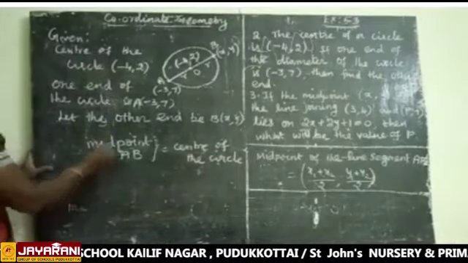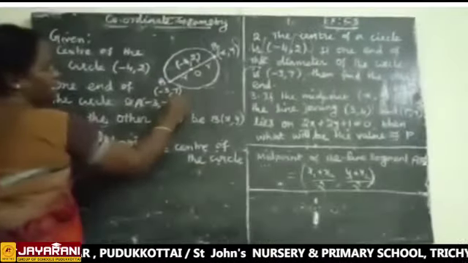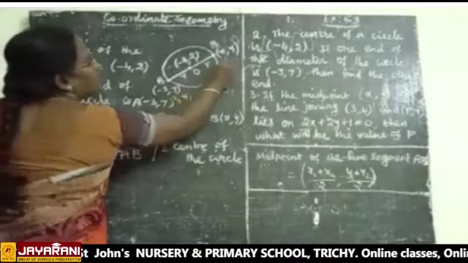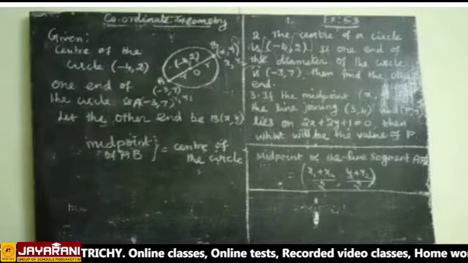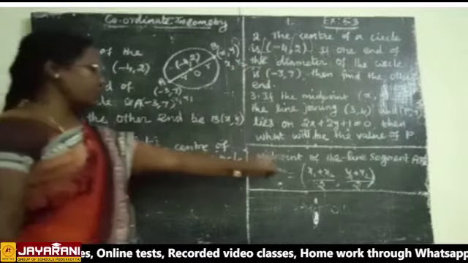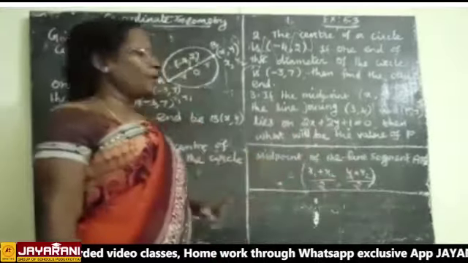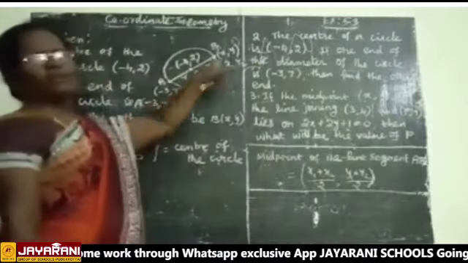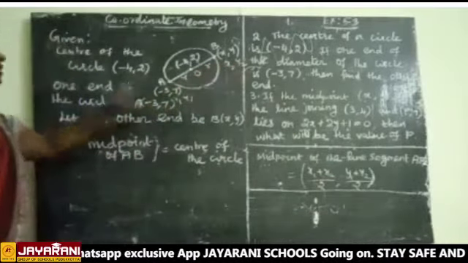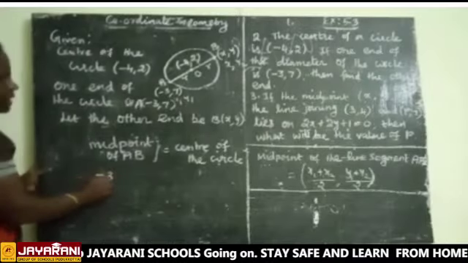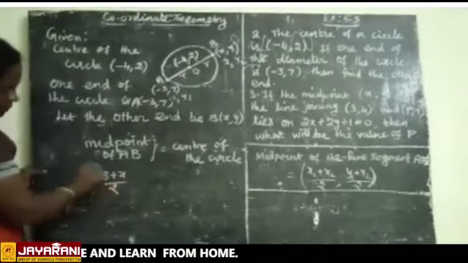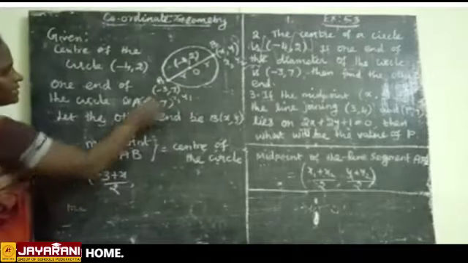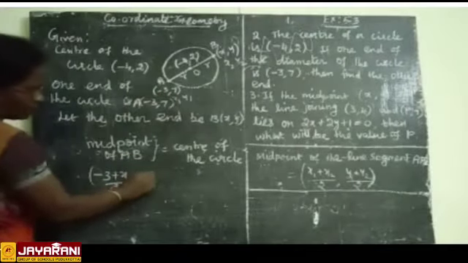Using the midpoint formula, consider this is (x1, y1) and this is (x2, y2). (x1 plus x2) by 2, (y1 plus y2) by 2 is the formula for the midpoint. x1 is -3, x2 is x; y1 is 7, y2 is y.